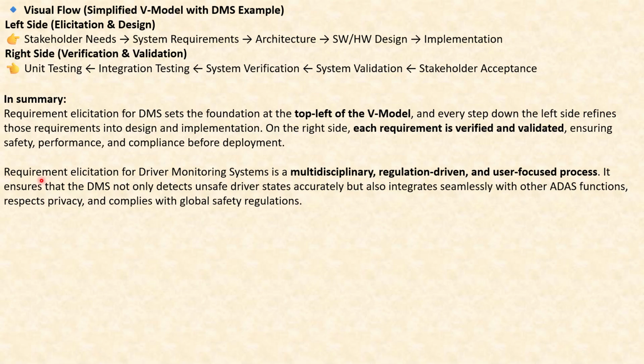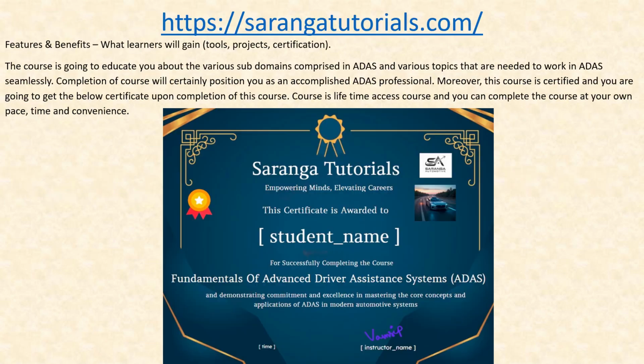To elaborate further, requirement elicitation for a driver monitoring system is a multidisciplinary, regulation-driven, and user-focused process. It ensures that DMS not only detects unsafe driver states accurately, but also integrates seamlessly with other ADAS functions, respects privacy, and complies with global safety regulations. I hope all of you got a clear-cut idea about the elicitation of the DMS model.